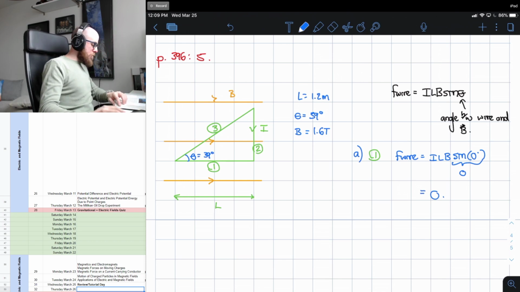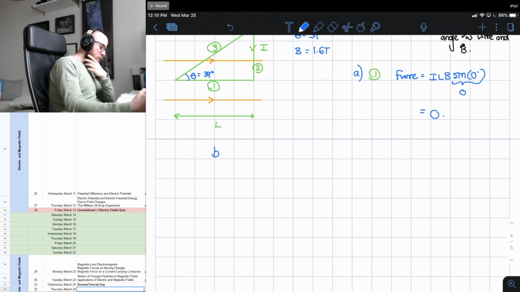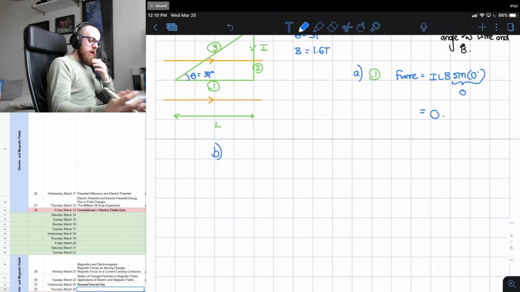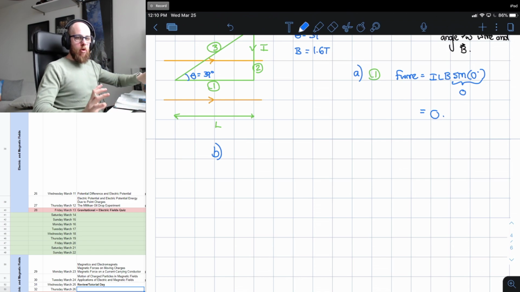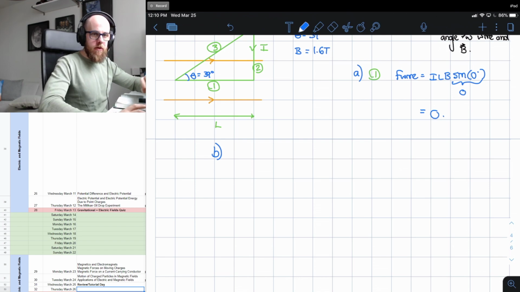For part B, we have to figure out the sum of the forces on the remaining two segments of the loop. I'm going to consider each portion separately, portion 2 separate from portion 3, and do those individually.